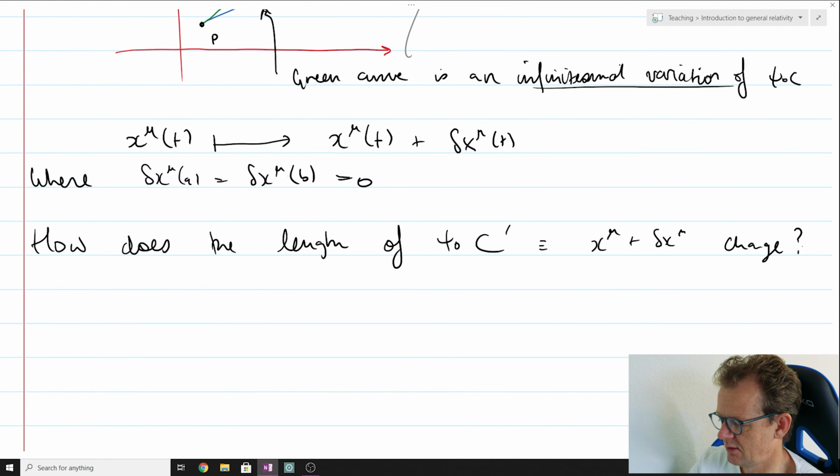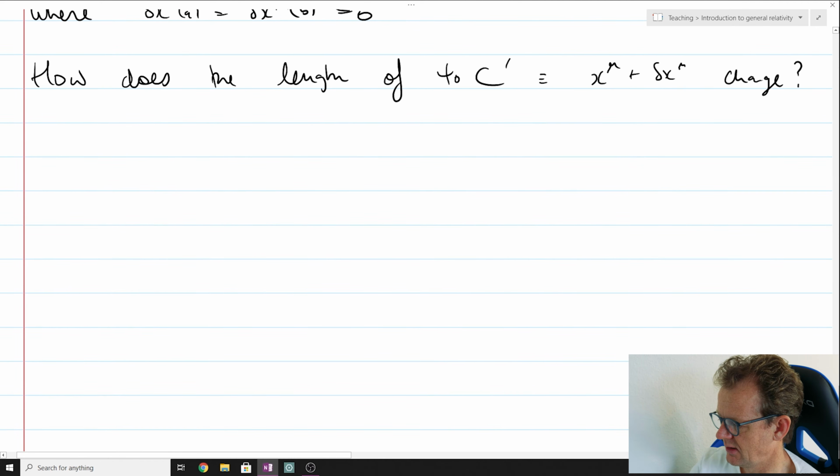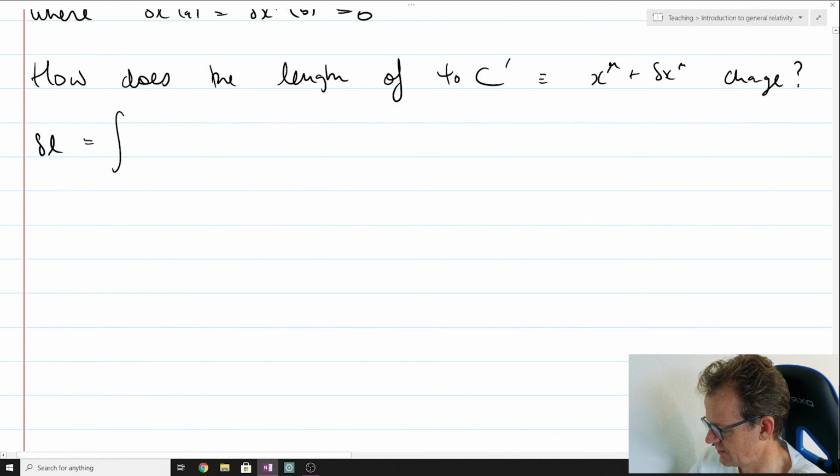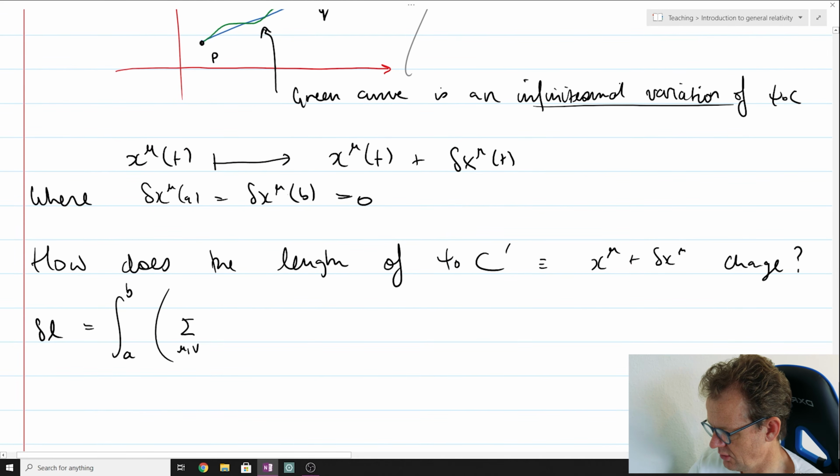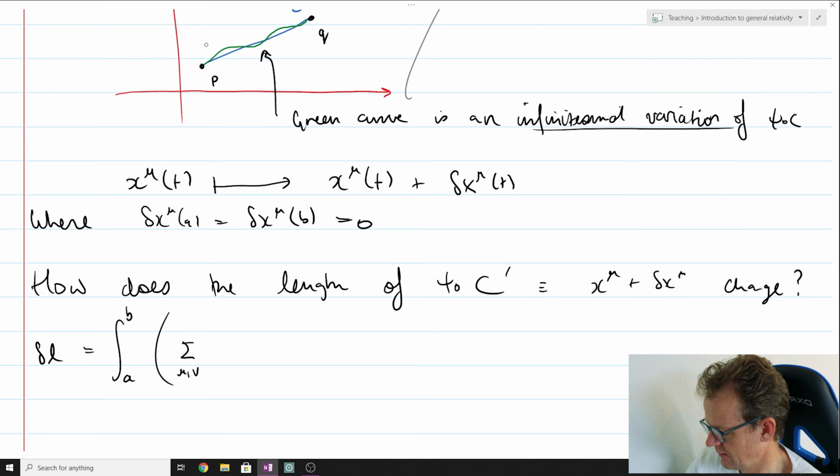We'll just collect terms to first order because we're doing things infinitesimally. Infinitesimal just means we work to first order and then take things so small that the second order terms can be made arbitrarily small.